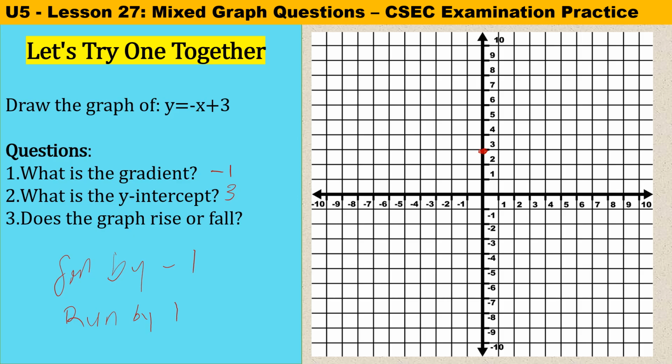Now, if we were to fall by 1 and run by 1, this is where our point would be. And if we were to fall by 1, run by 1, this is where our third point would be. Fall by 1, run by 1.